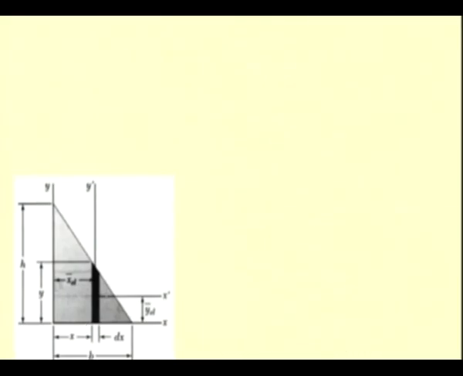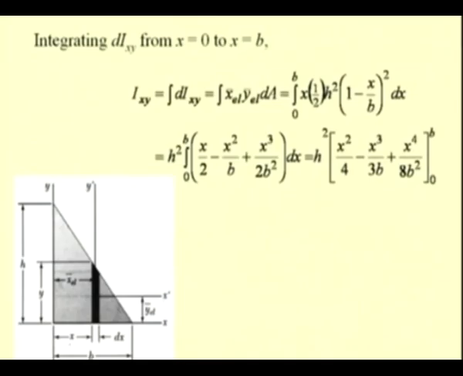Now, we can write the product of inertia of this thin strip with respect to the xy axis as dIxy, and then we integrate it between the limits, that is 0 to b, from this to this point. So, we have Ixy as integral dIxy, which is equal to integral x bar element y bar element times dA.